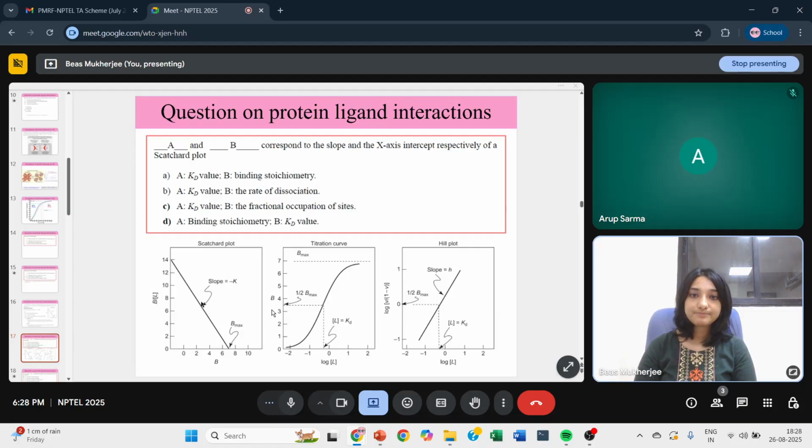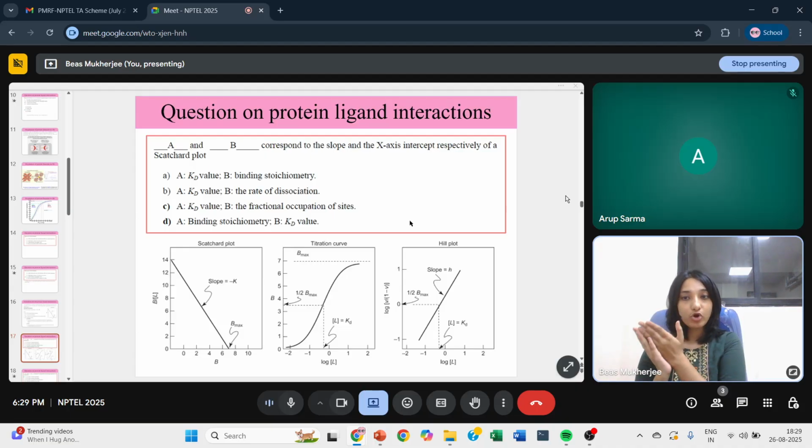Try to answer. Based on whatever is there in the figure, you can try to answer. There can be different ways of representing the same thing. There can be a Scatchard plot where the y and x-axis values are different.